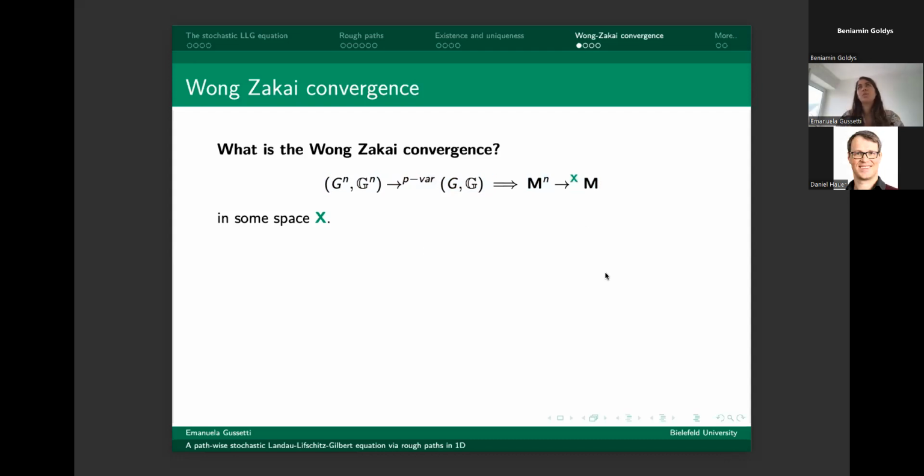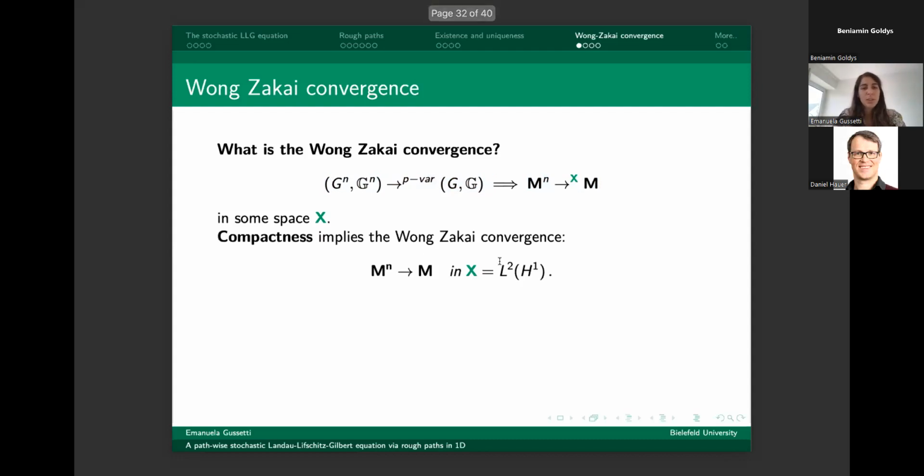But somehow you would say, okay, you have said like 3 seconds ago that compactness implies Wong-Zakai convergence, because we have said that if we have approximated solutions, approximated noise, then the solution will converge strongly in L2 H1. But the point here is maybe to find a stronger convergence.